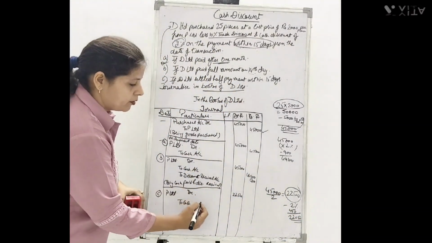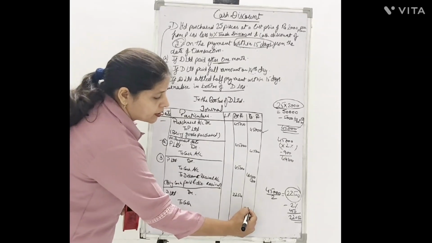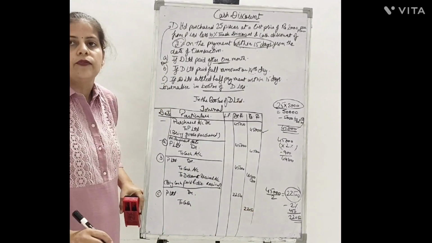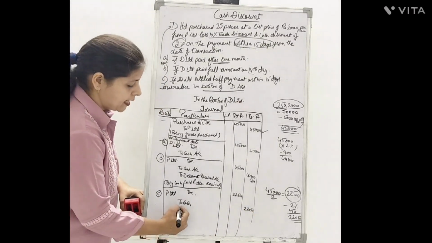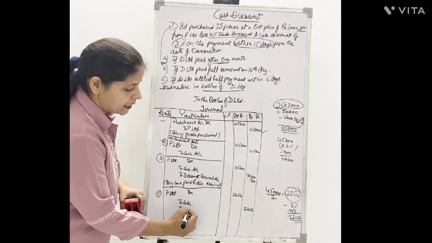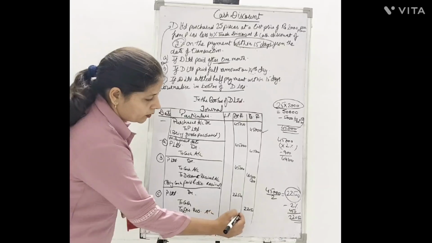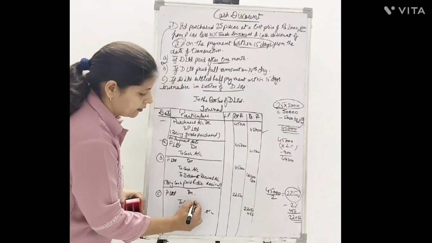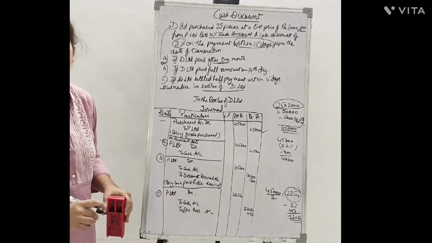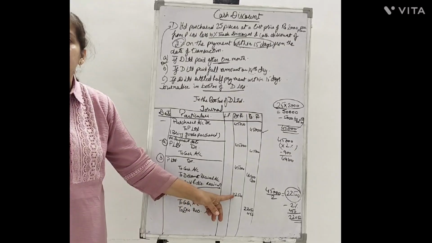So how much payment would be made? 22,050 rupees payment is made, and the discount received amount is rupees 450. After making the payment, we have settled the account only for half.